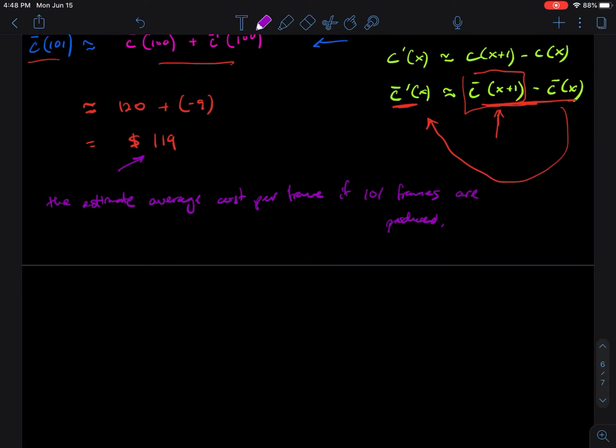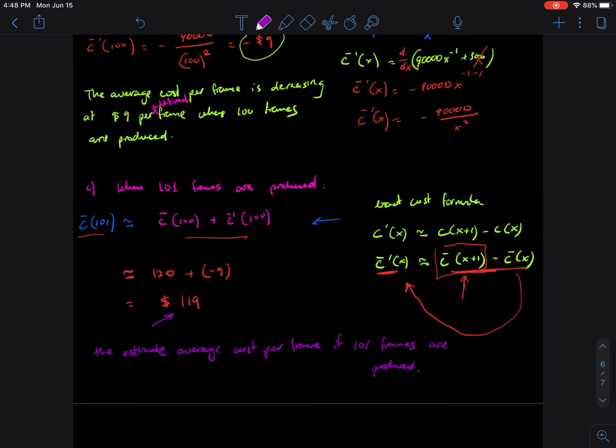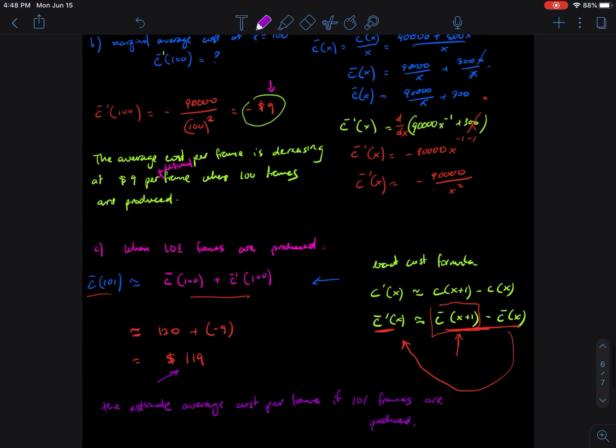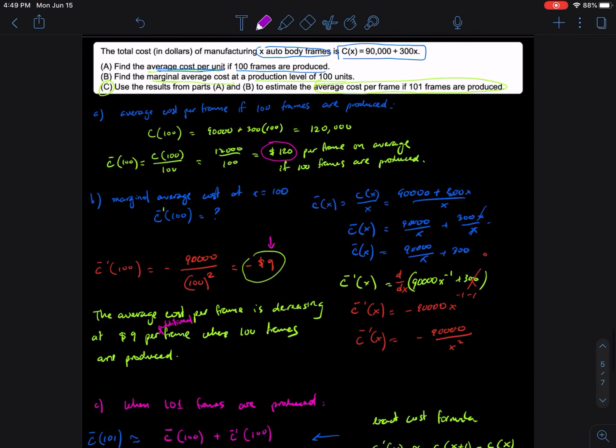If you increase your production from 100 frames to 101, you expect the average cost per frame to decrease, to be cheaper, by about $9. Okay, all right.